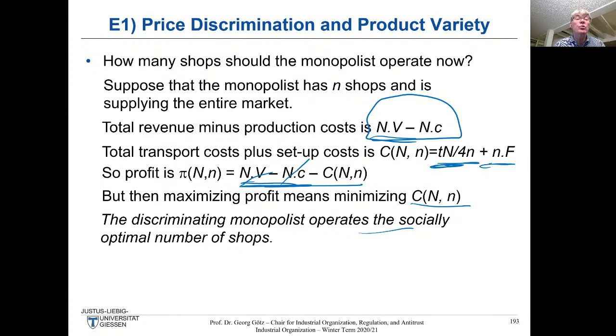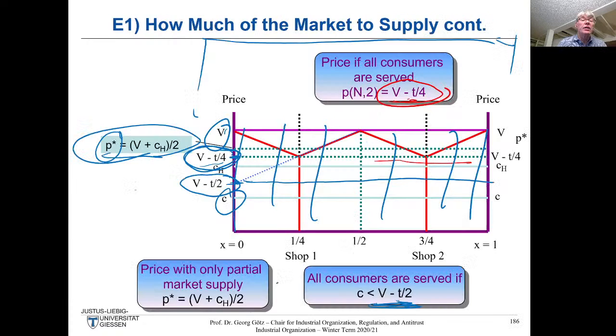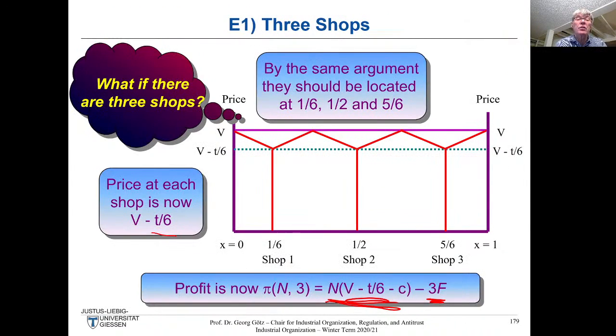I just want to highlight this by means of our sketch. Hopefully this is better. I put too many sketches in there. So here what you do is actually you just charge a price equal V, and then you cover this transport cost here.